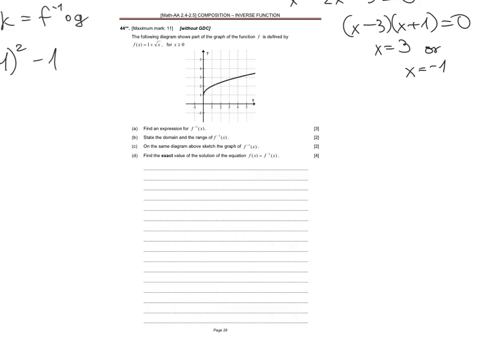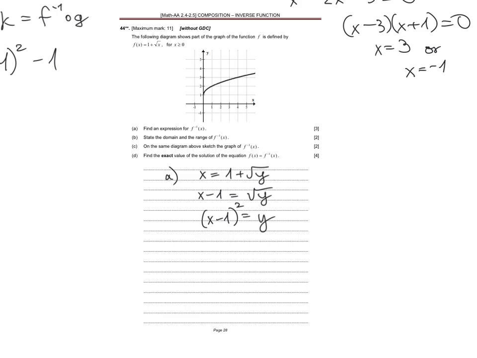Goodness, last one, 44. Following diagram shows part of the graph of that defined by that. Find the expression for the inverse. Okay, so x equals 1 plus root y, subtract, and square. And we have, state the domain and range of the inverse.